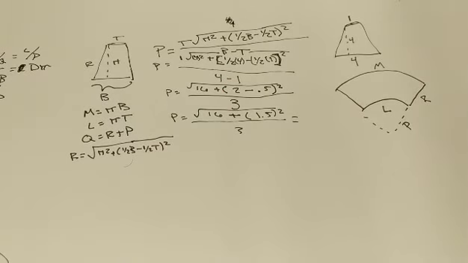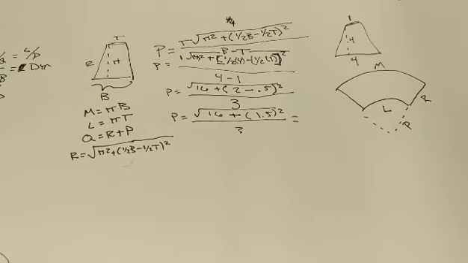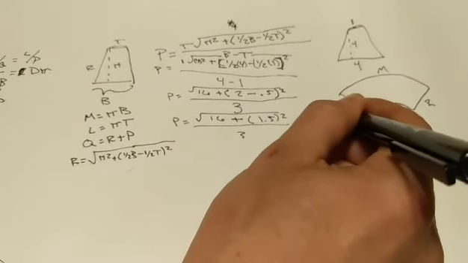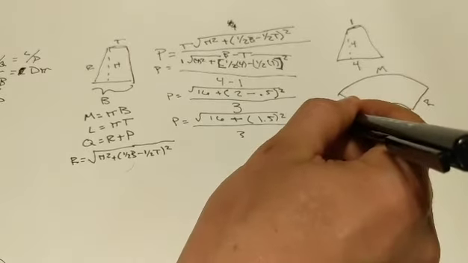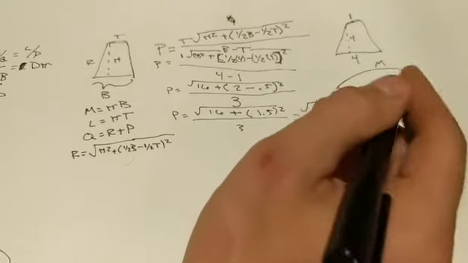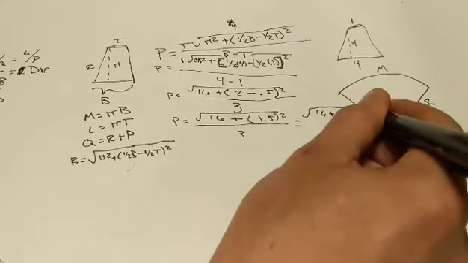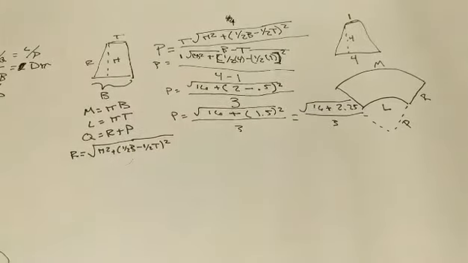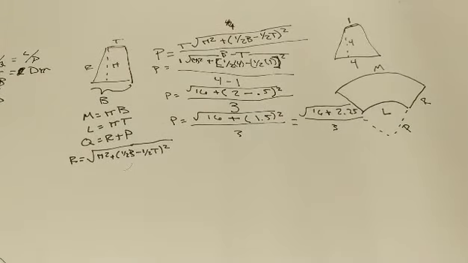That is equal to 16 plus 1.5 squared, 2.25 over 3. 16 plus 2.25 is going to be 18.25.